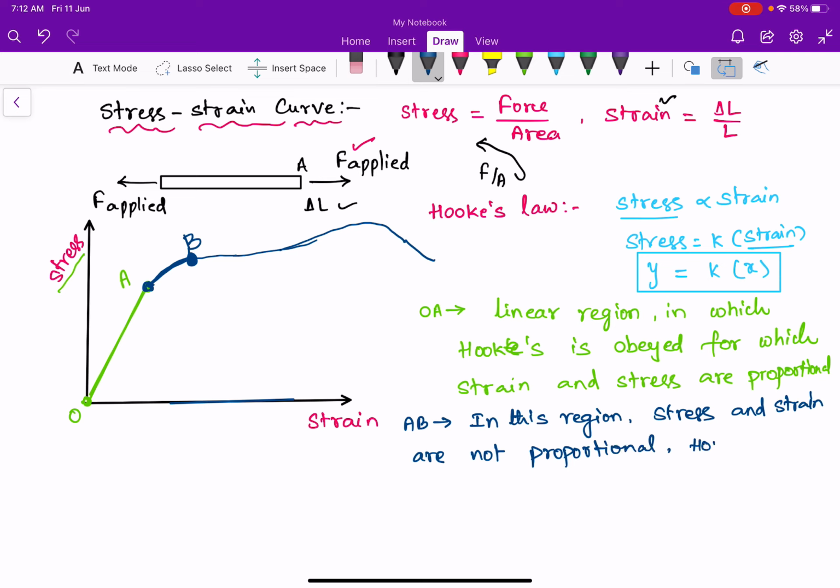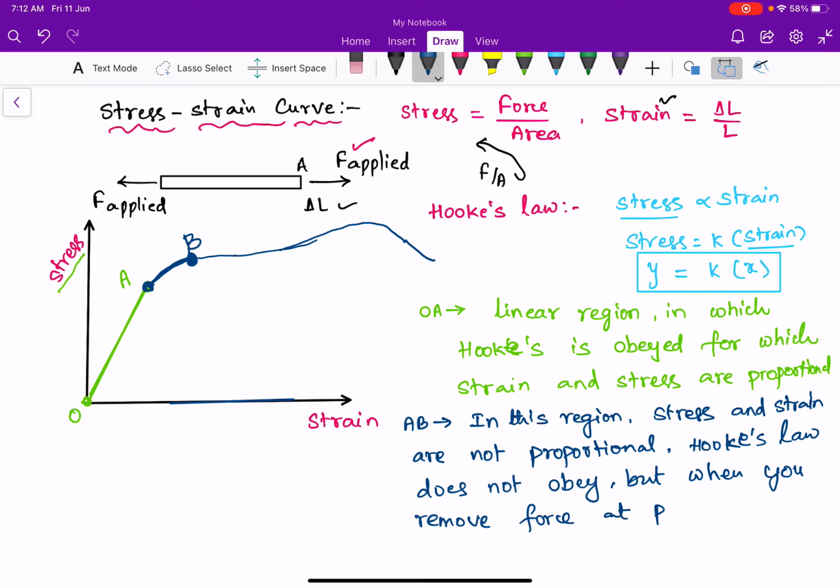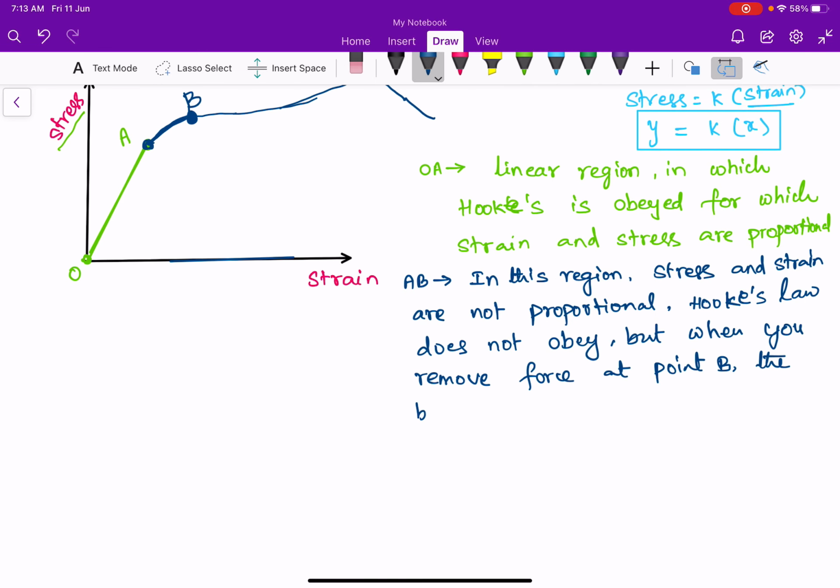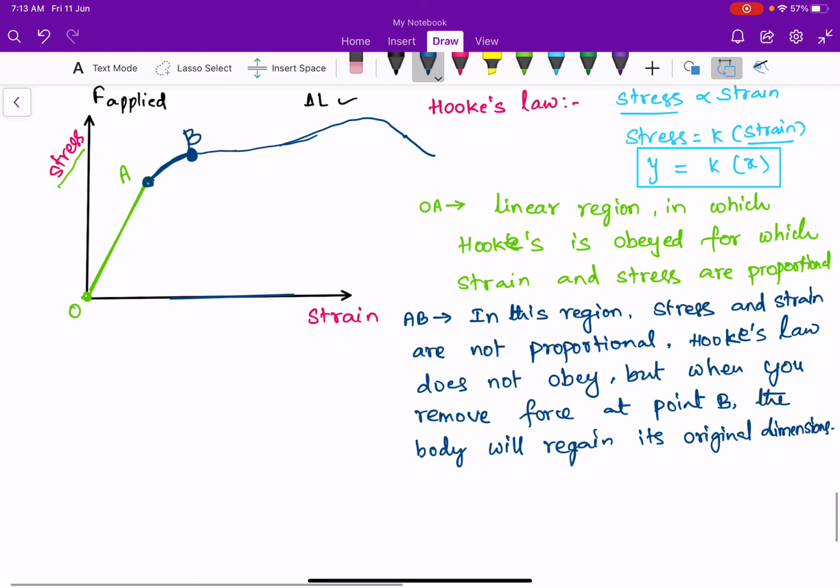Hooke's law is not obeyed in this region, but when you remove the applied force at point B, the body will regain its original dimensions.